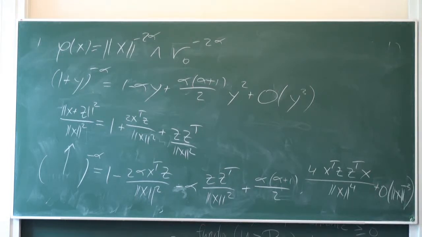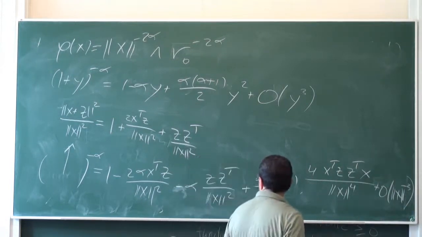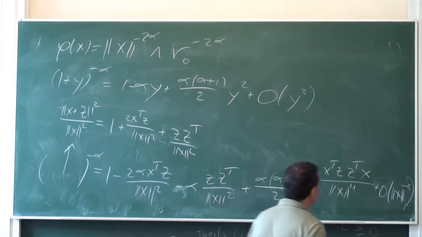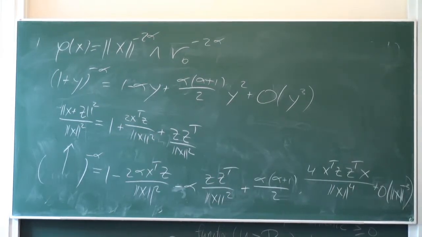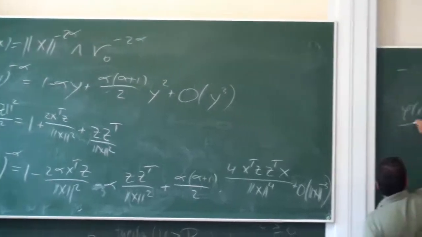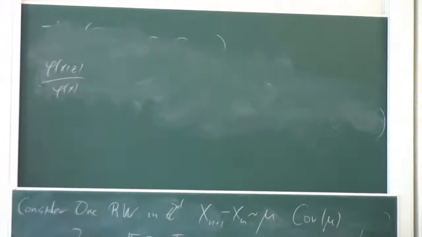Okay? And all right, so what does that tell us? Now we want to look at phi of x plus z and compare it to phi of x, right? We want to see that this is less than 1.